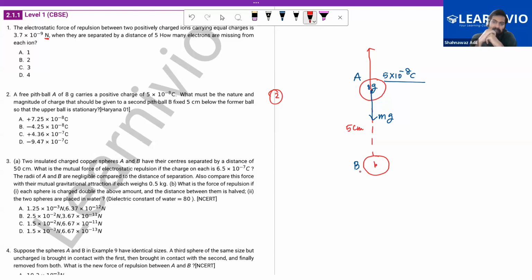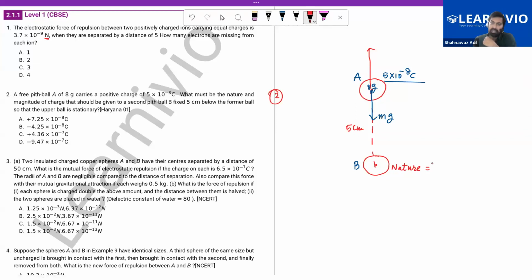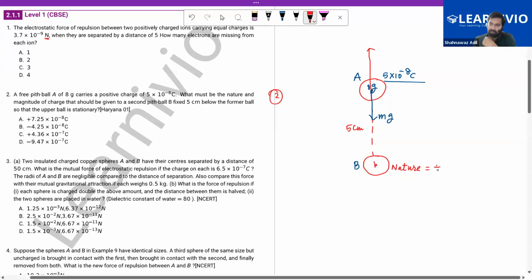So the nature of the charge of this thing would be what? Positive or negative? Negative? Positive attracts negative, right? So the nature would be positive.